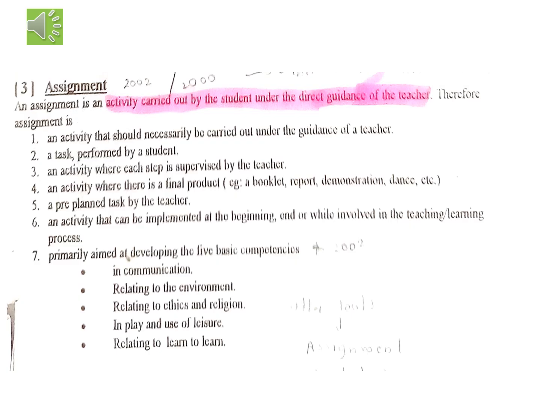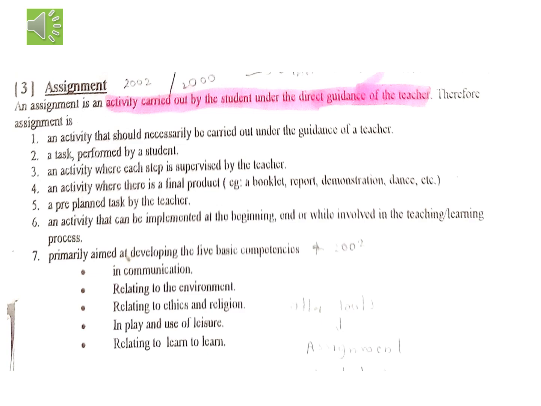An activity where there is a final product. After the process, there should be a final product. What do you mean by a final product? Example, a booklet. They prepare certain articles and the product is a booklet, a report, demonstration, dance, a wallpaper, a creation, a model, a scrapbook.